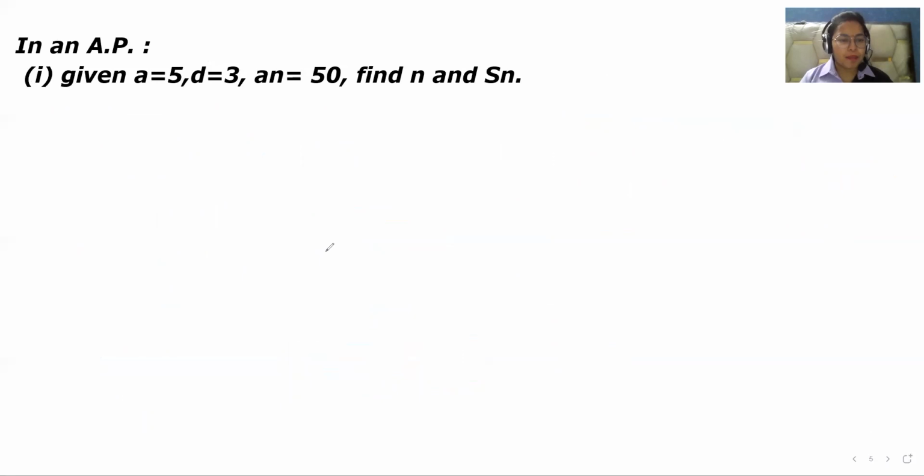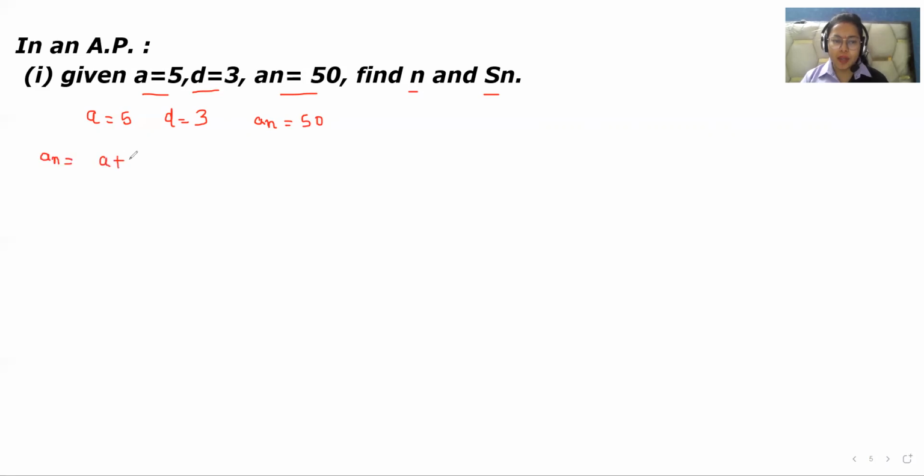Now, in an AP, what is given? A is given, difference is given, an is given. You have to find n and Sn. It's easy now? Yes. So A is 5, difference is 3, and an is 50. So we apply our AP formula.